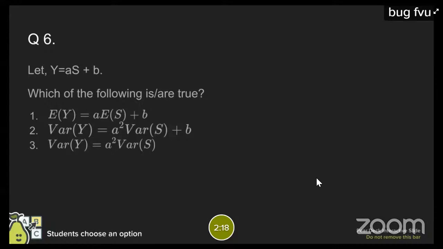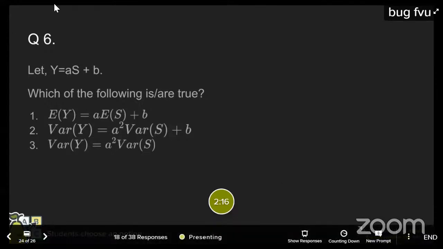Sir, we have to write the options only, right? Yeah, when you click on answer question, you will see 4 or 5 options to answer from.